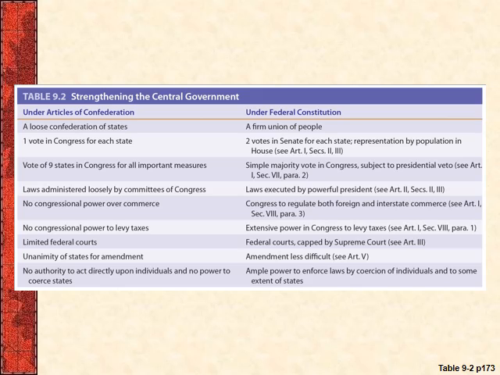The legislature under the Articles had 1 vote per state, and then it's broken up by, in the Senate 2 votes per state, and then by population in the House of Representatives. You can see here for important measures, you needed 9 out of 13 under the Articles, and a simple majority in Congress. No congressional powers of commerce, whereas Congress got the Commerce Clause, which we'll talk about in chapters to come, and so on and so forth. You can look at that later.